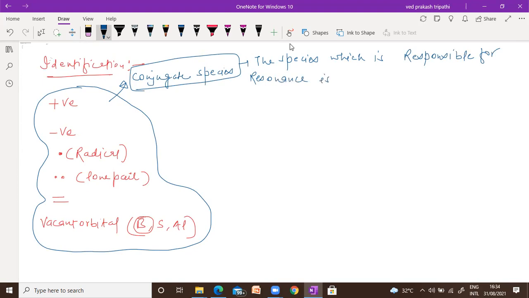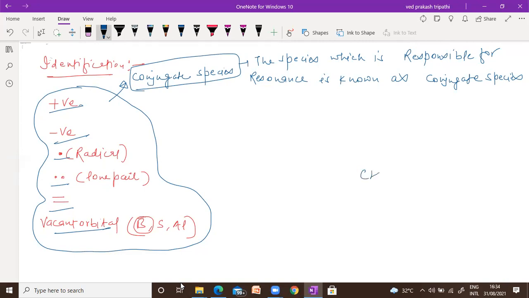So these species, positive charge, negative charge, radical, lone pair, double bond, and vacant orbital, can show resonance or conjugation. Now I will check how you can apply this information.